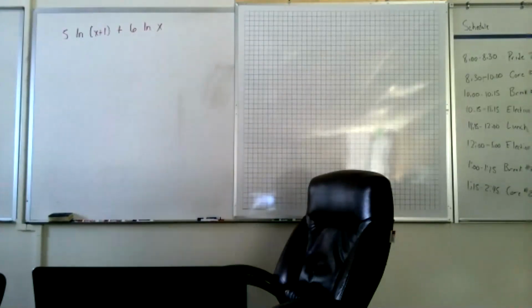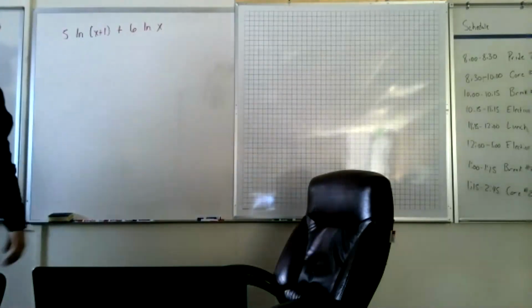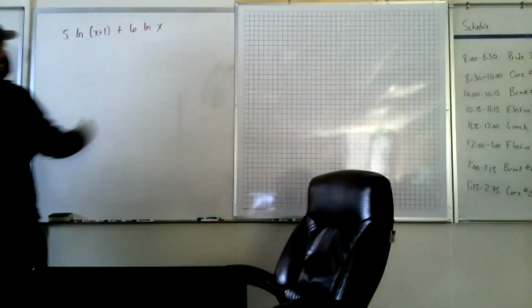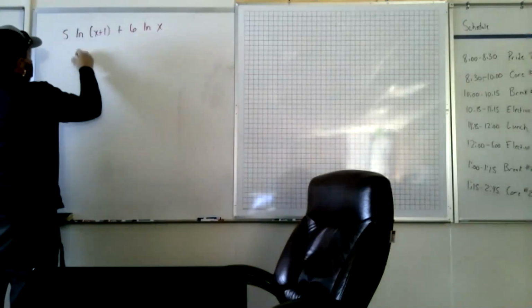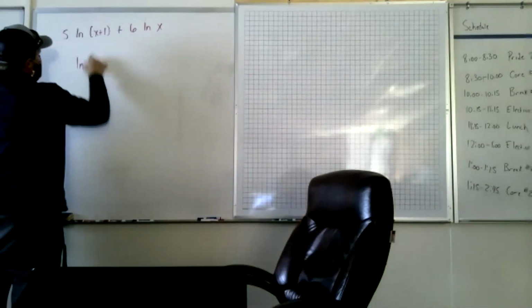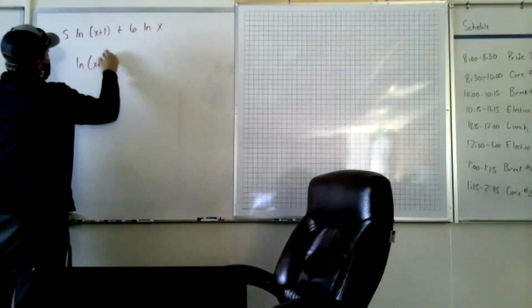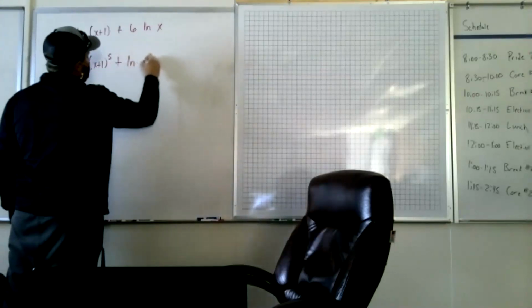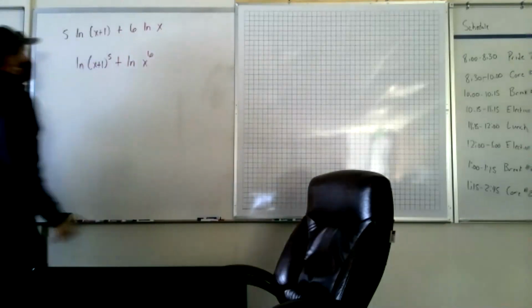All righty. So first step, let's reverse the power property. The first one is going to turn into the natural log of x plus 1 to the 5th power plus the natural log of x to the 6th.